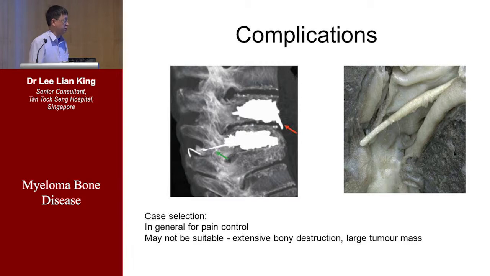If the fracture is far too advanced, or if there is still a lot of soft tumor mass, we cannot depend on this to stabilize the bone. The picture on the right side shows that the cement itself can enter the bloodstream and go into the lung, causing embolism.